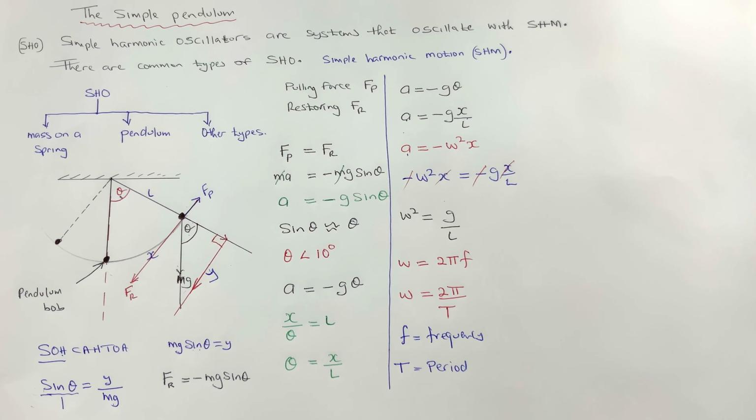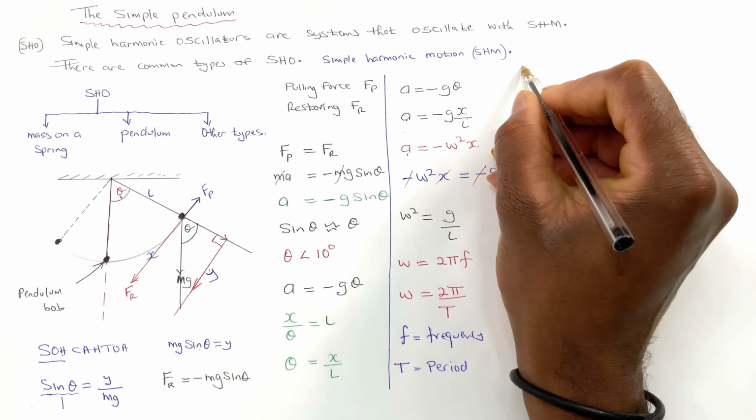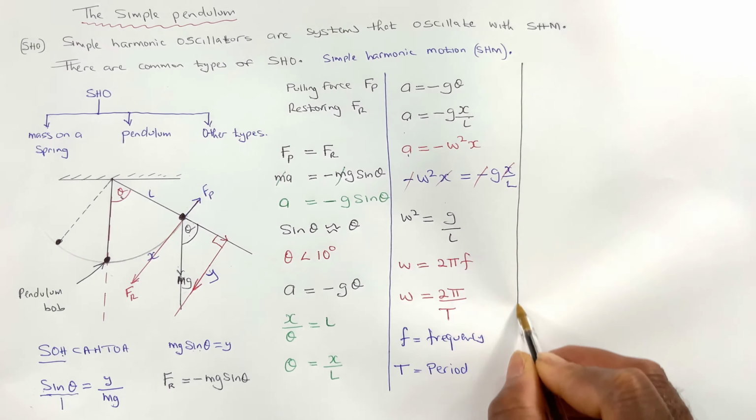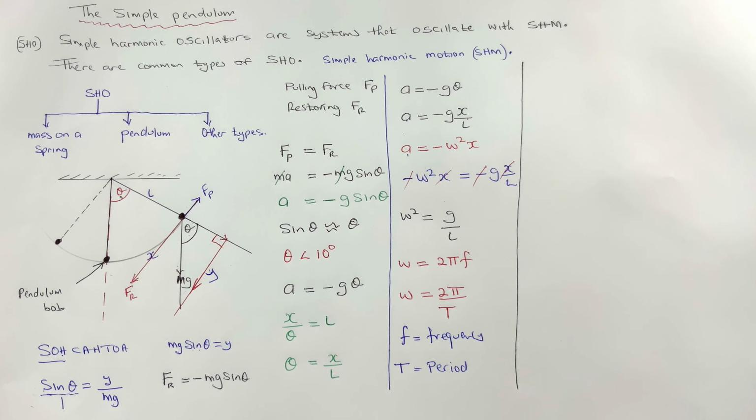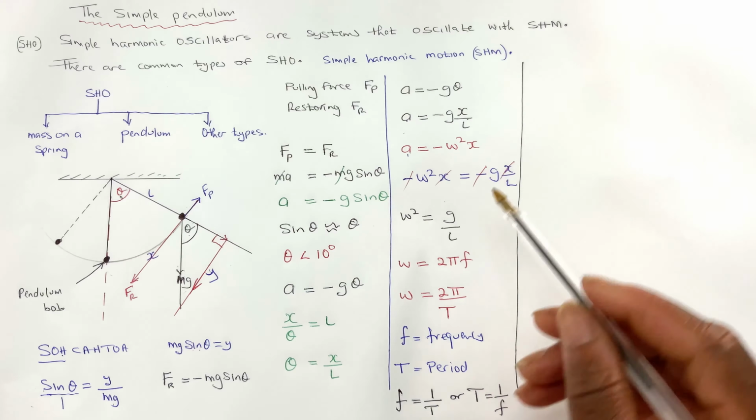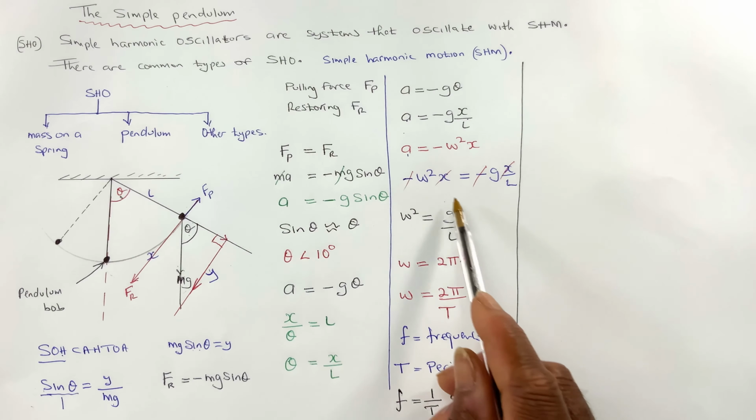So what we can do now is write a relationship between frequency and period, and the relationship is frequency equals 1 over period, or period equals 1 over frequency. So we're going to apply that here with this equation that we just got.